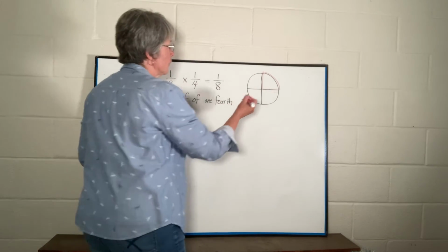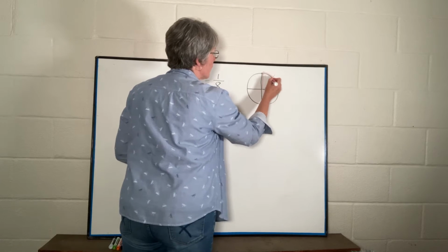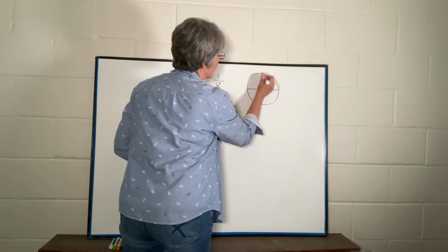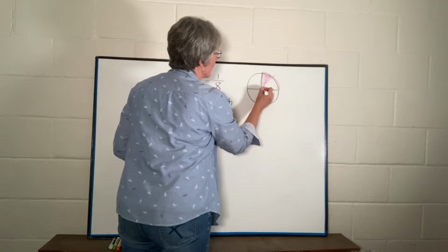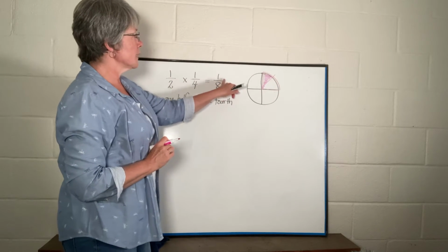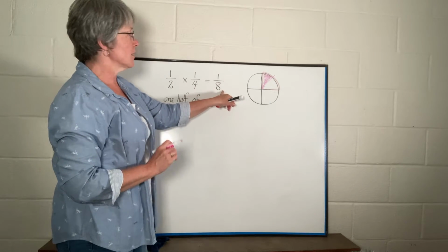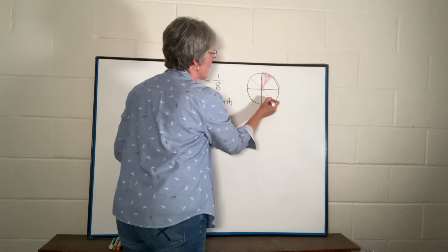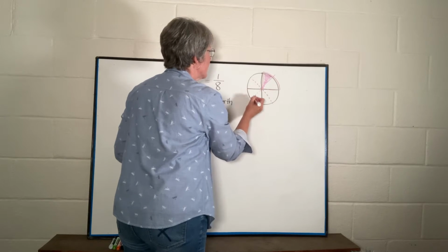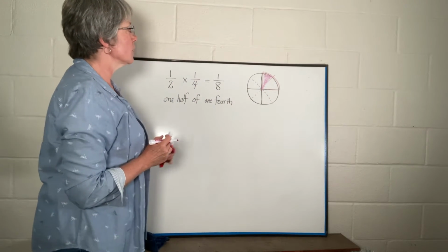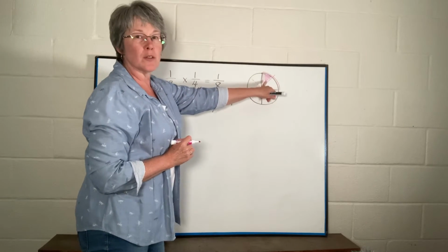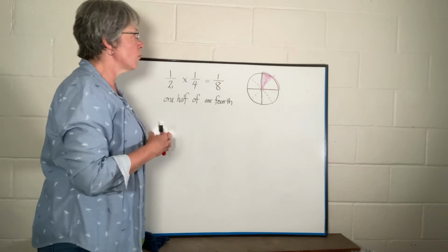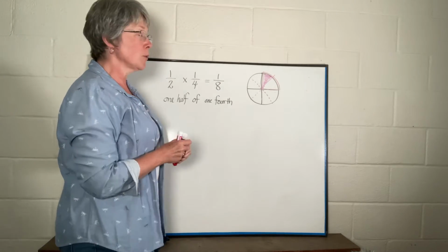So using a different color, we do half of it. Now, we're only talking about this much. But our answer is in 1/8. So what we've done, we have imagined that we have divided this into 8 parts. And how many parts have we used? One of them, 1/8. So that gives you a bit of a picture of what's happening with multiplication.